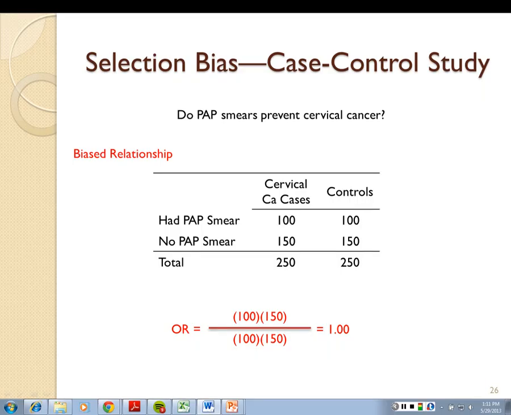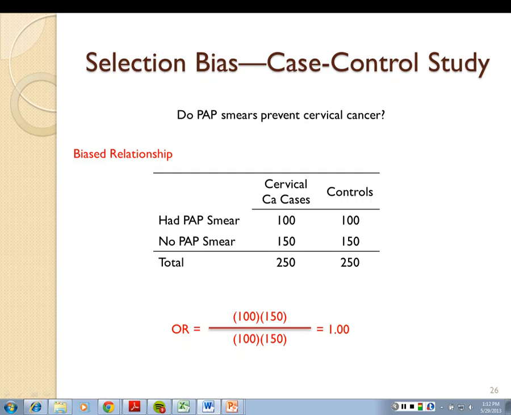Now let's recall that cases come from the hospital and controls come from the neighborhood around the hospital. Now for the bias. Only controls who were at home at the time the researchers came around to recruit for the study were actually included in the study. Women at home were less likely to work and less likely to have regular checkups and pap smears. Therefore, being included in the study as a control is not independent of the exposure. The resulting data are what you see in the table.